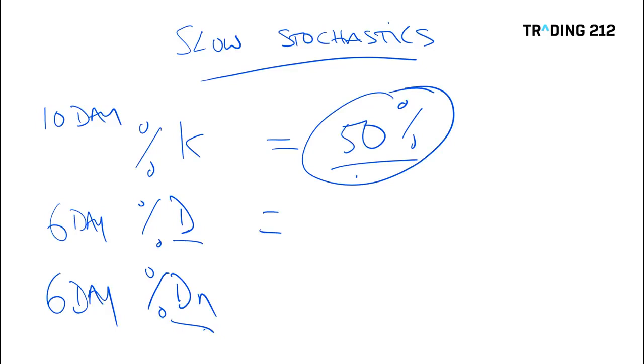So for a 10-day stochastic, it's 10, 6, 6. And for a 5-day stochastic, 5, 3, 3 tend to be the textbook values.